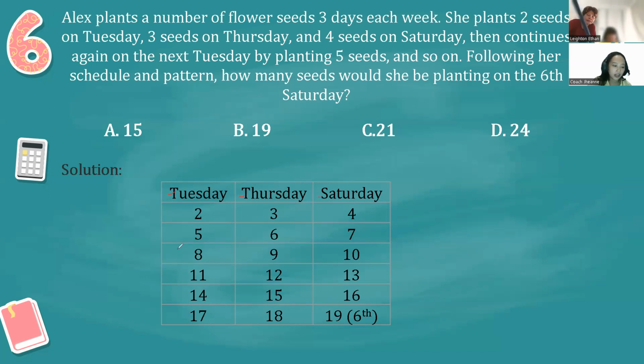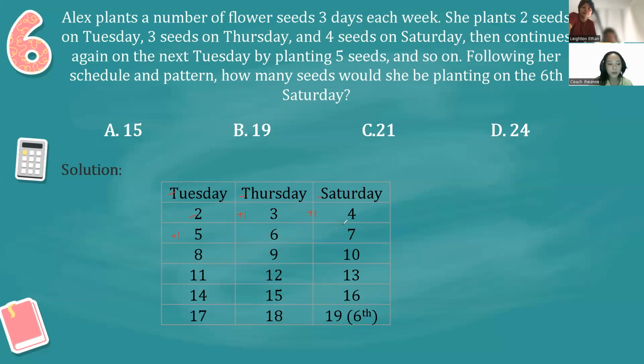And then her pattern is that first she started with 2. And every day she added 1. Okay? Then the next day she added 1. And then she added 1. So her pattern is simply adding 1 in the continuing days. Okay? Did you get that? So if we list it here, on Tuesday she started at 2, then Thursday 3, and then Saturday 4.